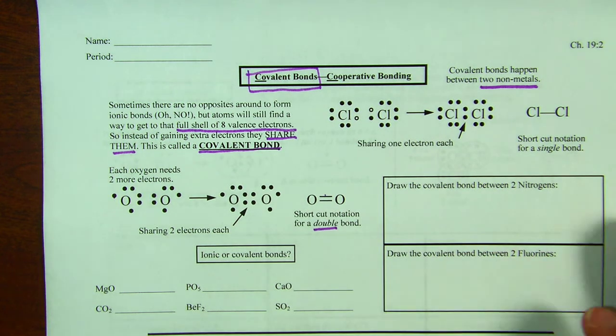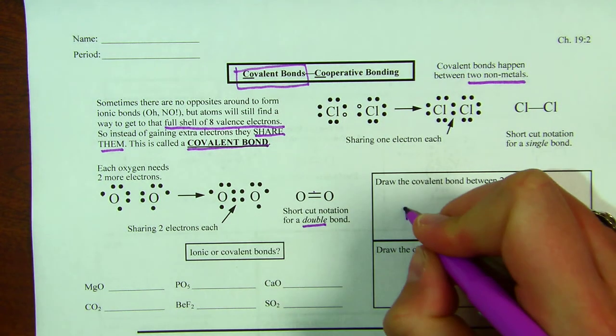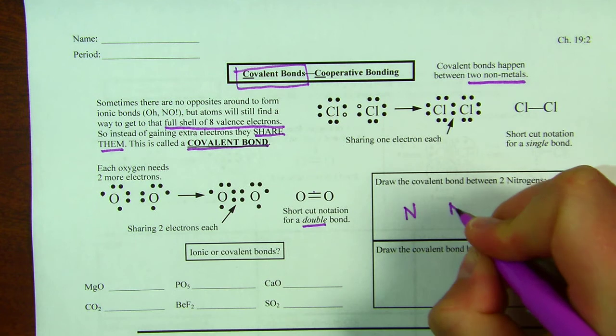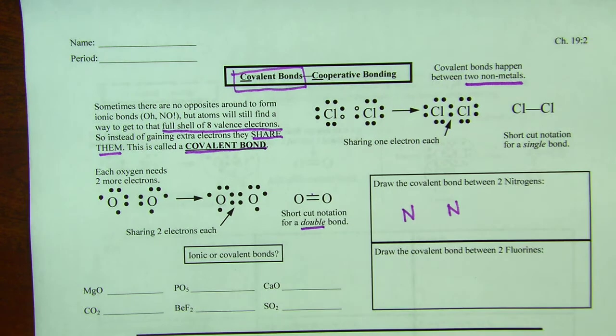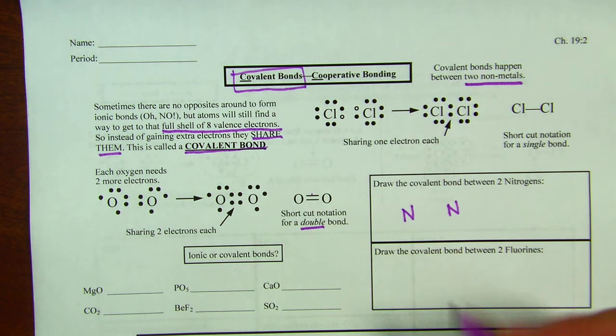Let's do some practice. This says draw the covalent bond between 2 nitrogens. I have a nitrogen atom here and a nitrogen atom there. The first thing we're going to want to do is draw those Lewis dot structures. If you're looking at your periodic table, you know that nitrogen is in group 15, so it has 5 valence electrons.